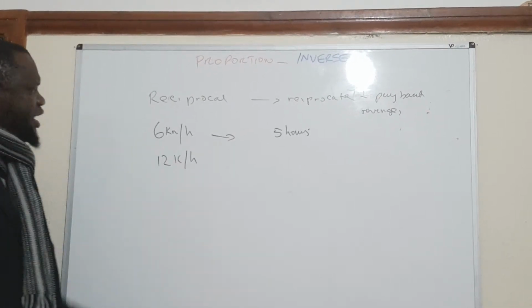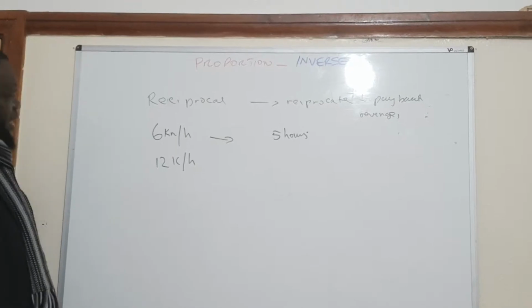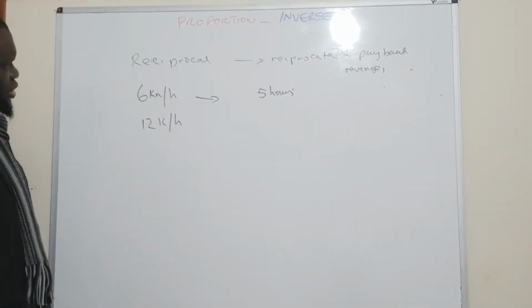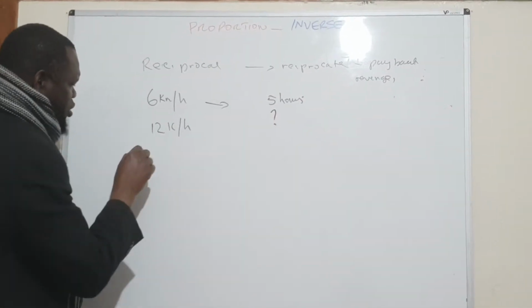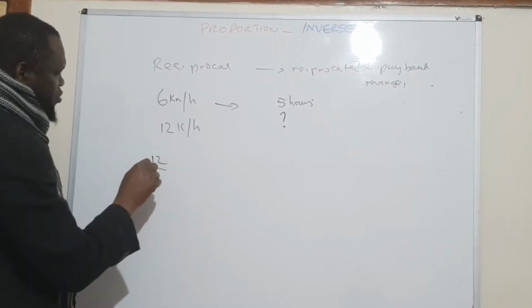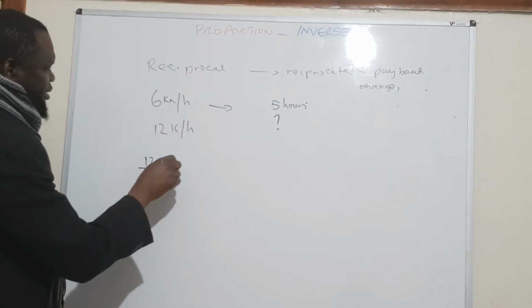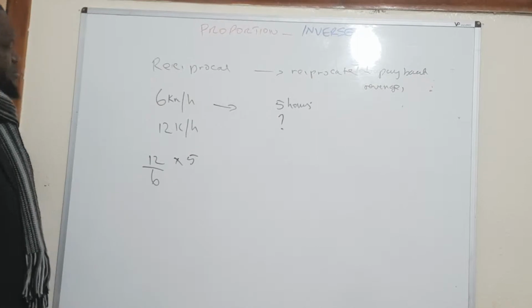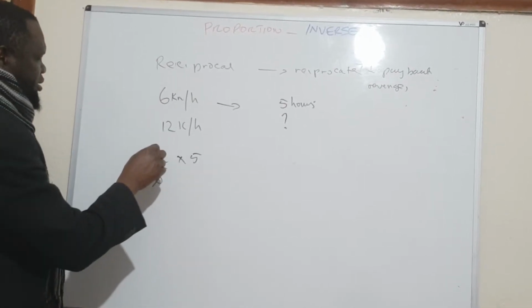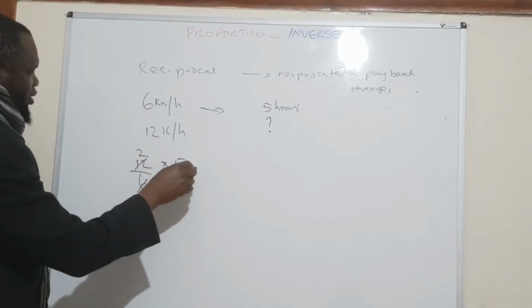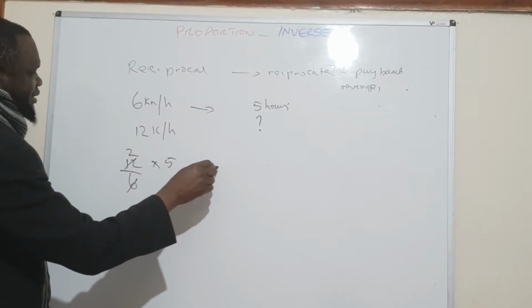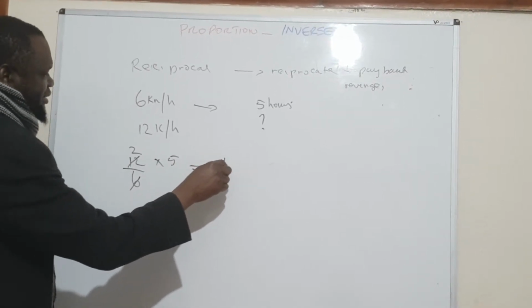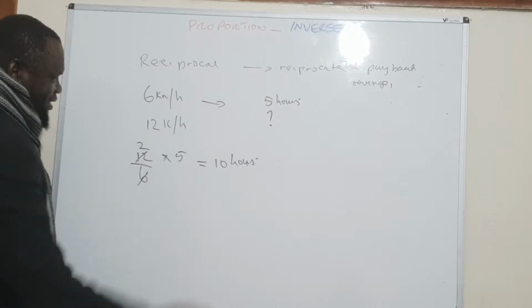Less. Now, if we do our direct proportion, what we don't know will go up, what we know will go down, times 5. So this will be 6 into 12, 2 times, that's 10 hours.